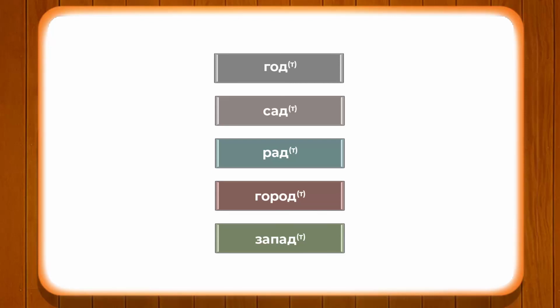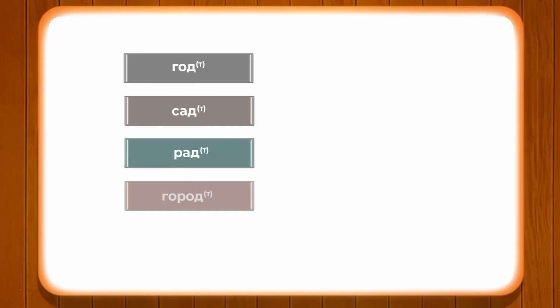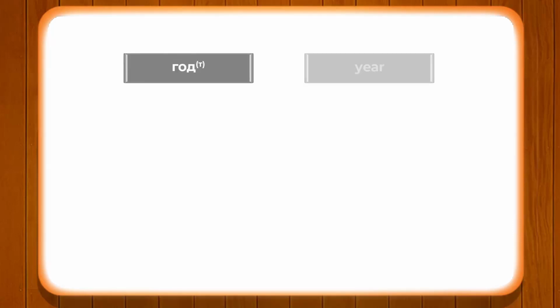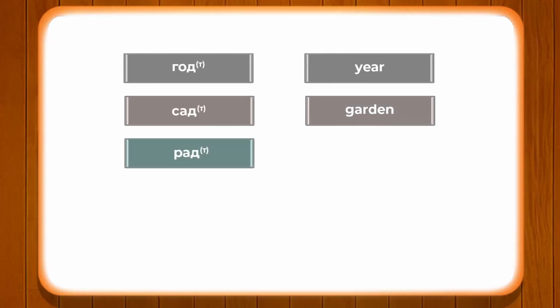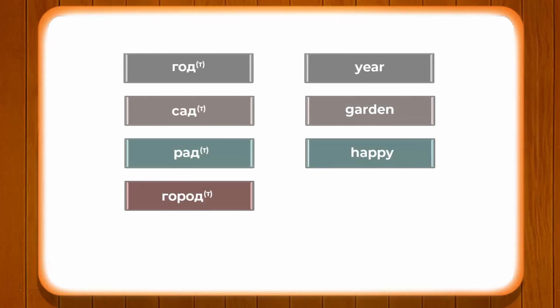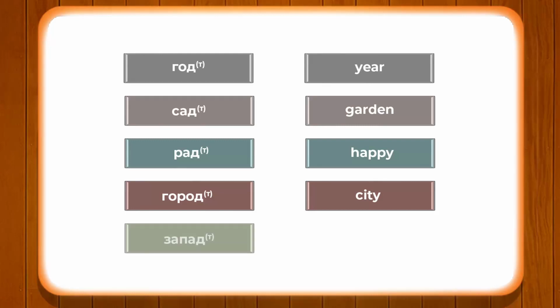So, it is changing into te. All right. Likewise, we have certain other examples: sad, rat, gorat, zapad. And now, let us learn about their meaning. God means year, sad means garden, rat means happy, gorat means city, and zapad means west direction.